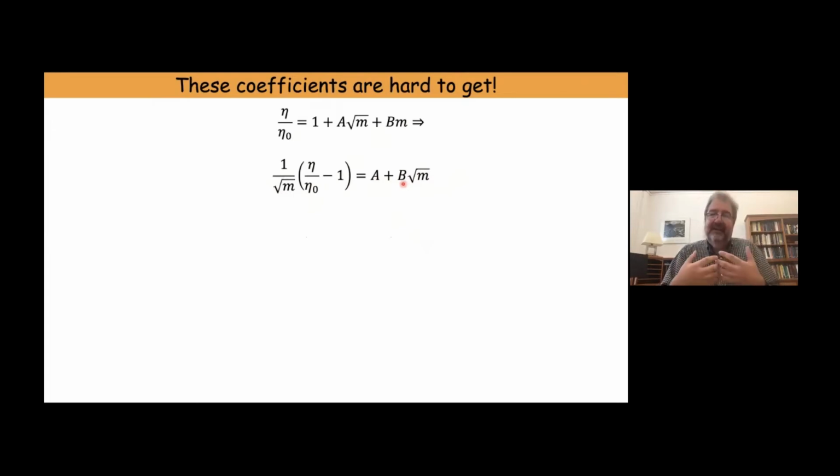Now, the B coefficients had not been calculated previously for realistic atomistic models of water and electrolyte, and I can show you why.